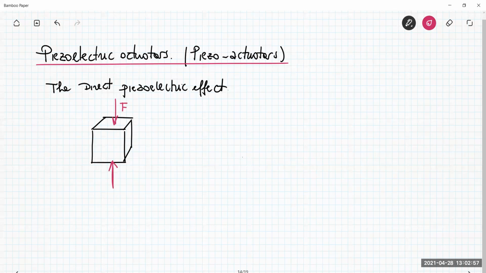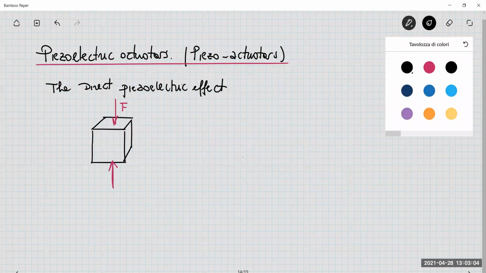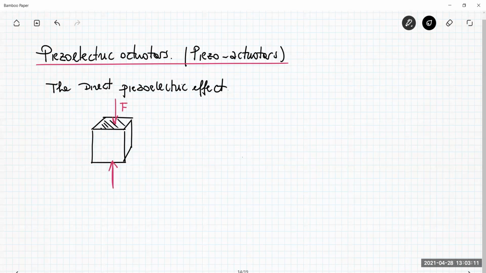Then a specific electric field is developed across its terminals. If you have some plates at the bottom and you are able to measure the voltage, then you can see that there is a voltage which is developed as a direct consequence of the mechanical stress induced on this specific kind of material.